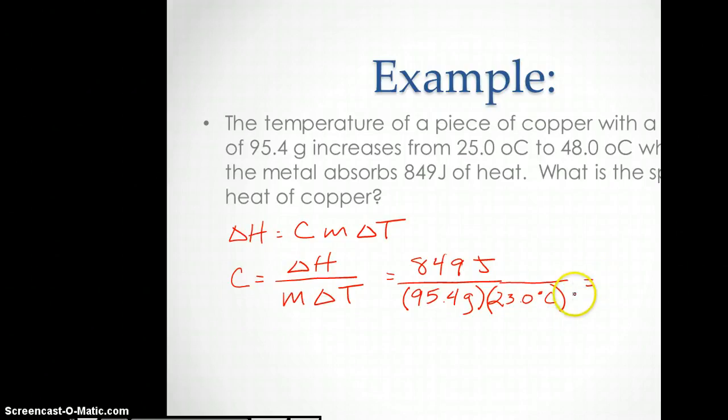So when we divide, we get 0.387. Now our units are joules per gram degree Celsius. So the specific heat of copper is 0.387 joules per gram degree Celsius, and we can always check the table in the book to make sure that we are correct, because that should be a property of that element, copper.